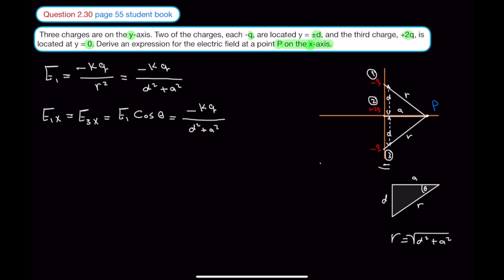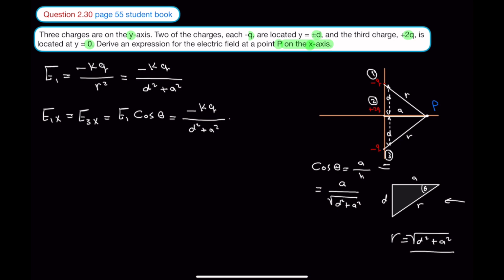So here, cosine theta from this triangle equals adjacent over hypotenuse, right? So that means the adjacent here is a, and the hypotenuse is r, which is equal to the square root of d squared plus a squared. So cosine theta is a over the square root of d squared plus a squared.